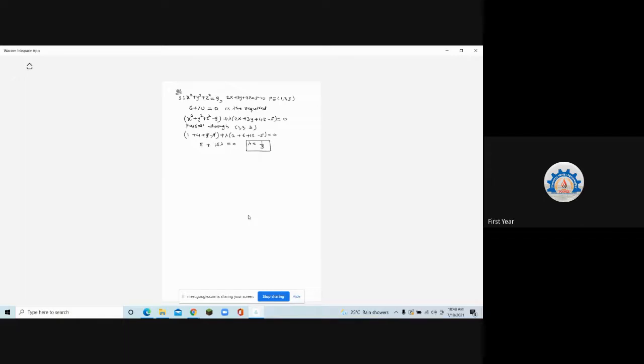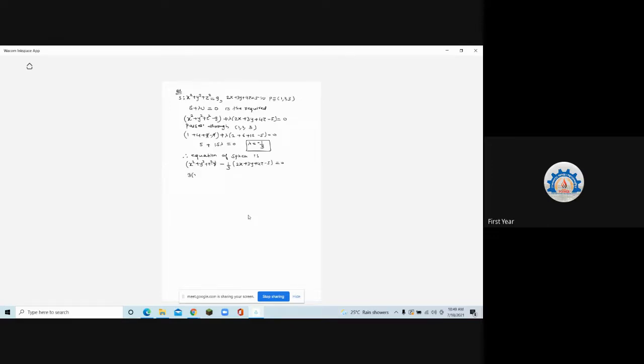And therefore, the equation of the sphere is: x² + y² + z² − 9 − 1/3 into (2x + 3y + 4z − 5) = 0. Good, that means you are attentive. Simplify and write.